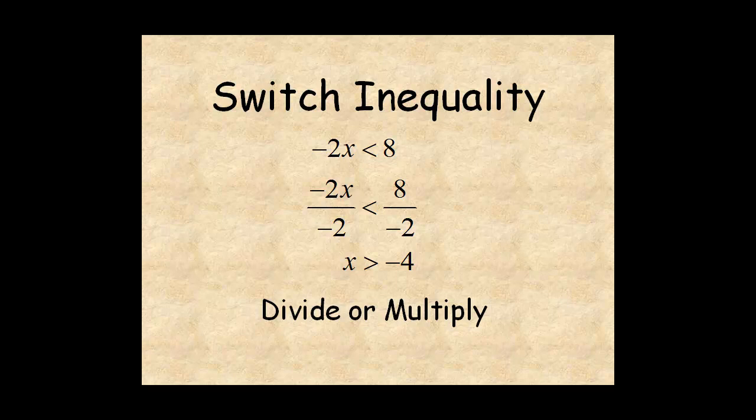This is one of the things you must remember for this chapter. If you divide or multiply an inequality by a negative number, always switch the direction of the inequality symbol.